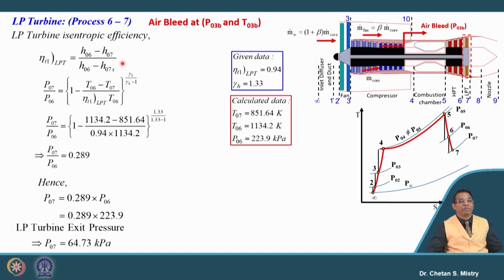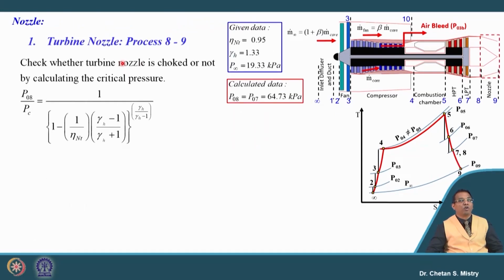So, this will be our turbine exit pressure. Here we do not have any tailpipe information, which is why we are not considering that as a parameter. The gas coming out from the LP turbine will exit from the nozzle, which we can call the core nozzle or the turbine nozzle.